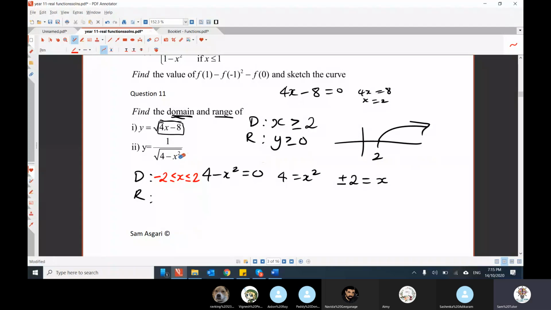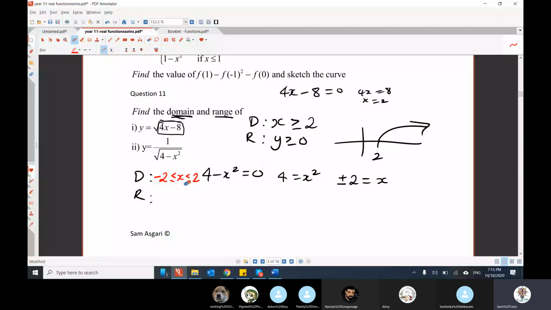And if we've got x's in the denominator, we know they're not allowed to be 0. Because if x squared is 4, 4 take away 4 is 0, 1 over 0 is impossible. So the answer is actually all the numbers between -2 and 2, not including -2 or 2.